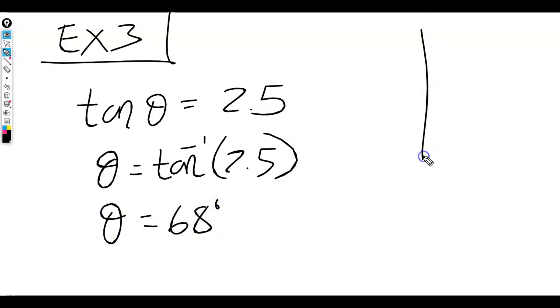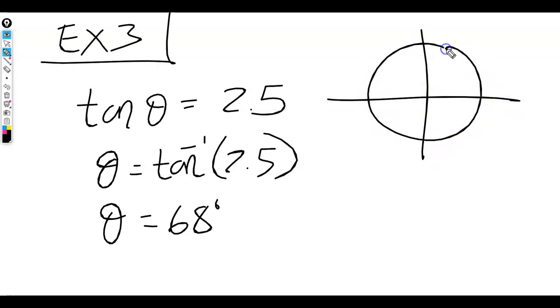So we're going to find where that's located on our unit circle. Probably be somewhere right about up here. So a 68 degree angle would have a tangent value of 2.5. Well, the one that matches that will be diagonal from that. So right about down here. That will also have a tangent value of 2.5.